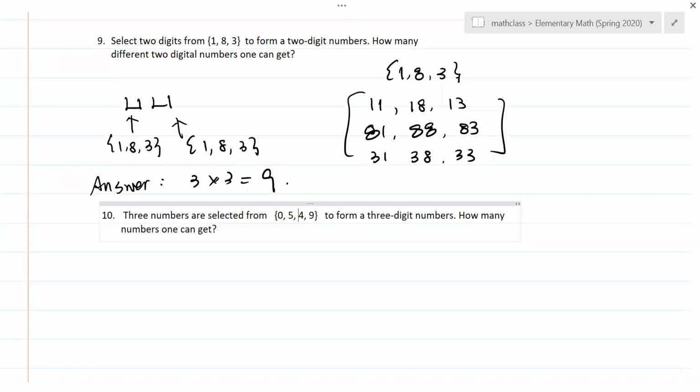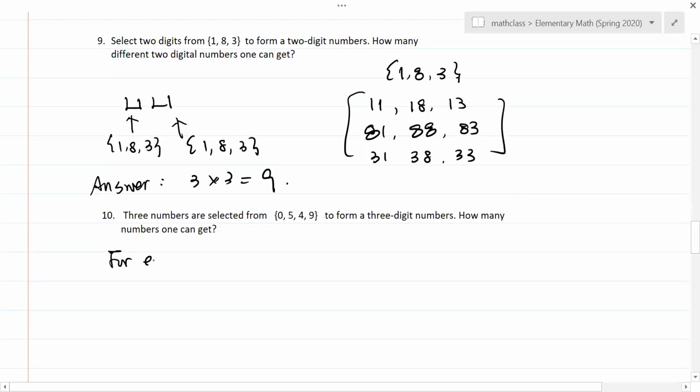How many numbers can one get? For example, 504, or 554, or 444.